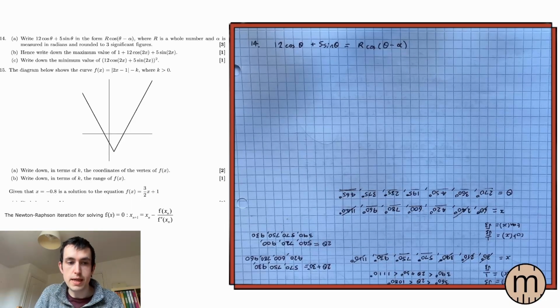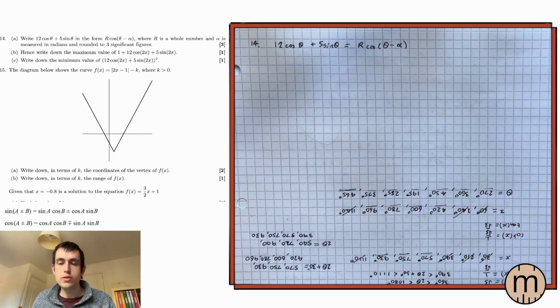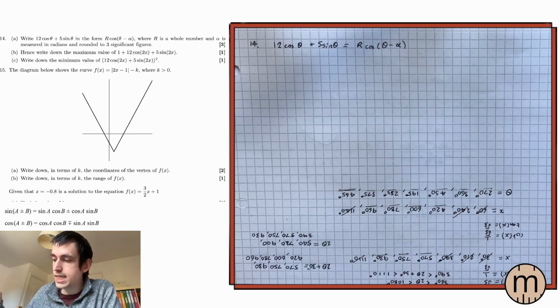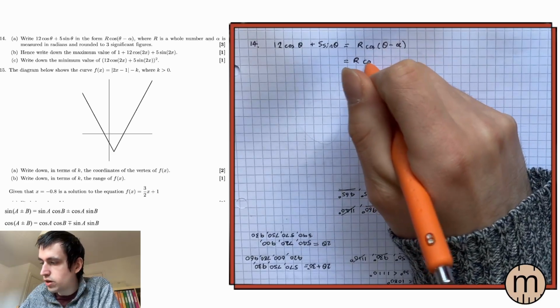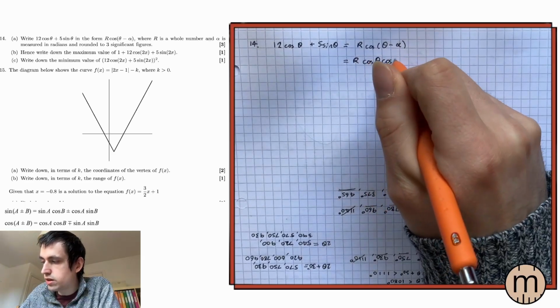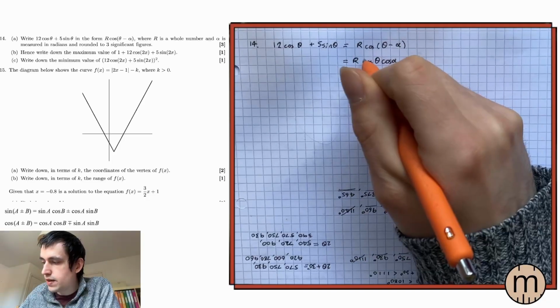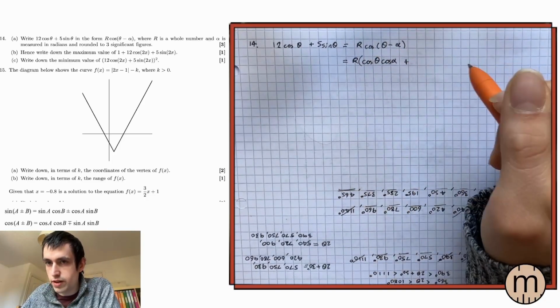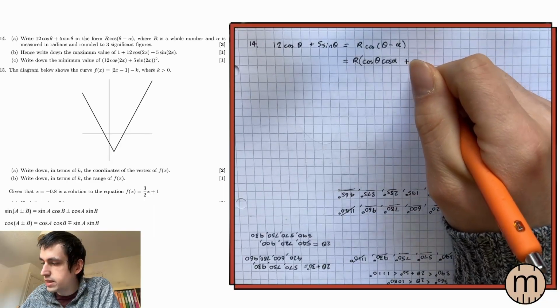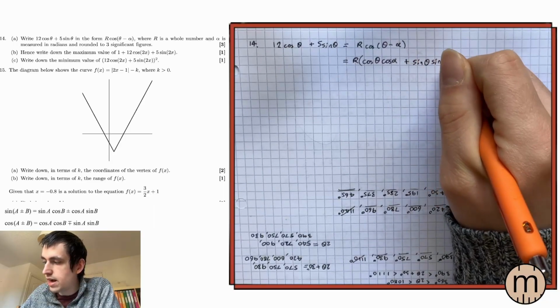If I get the formula back up here, you'll see that it's the same formula as before, but now theta and alpha are both unknown, whereas last time it was in terms of pi, and we know what pi is. So in this case, I'm going to write r, and write down the formula. Cos theta cos alpha. And then if I put this in a bracket, it'll be plus, because again, it's the opposite sign, and it will be sine theta sine alpha.